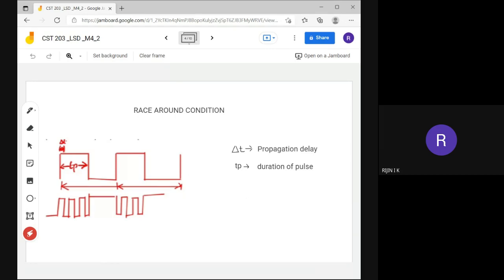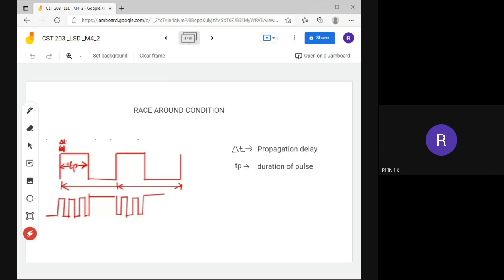Suppose the propagation delay of the circuit is delta t, and it is less than Tp, where Tp means the duration of the pulse. Very much less than the pulse duration.